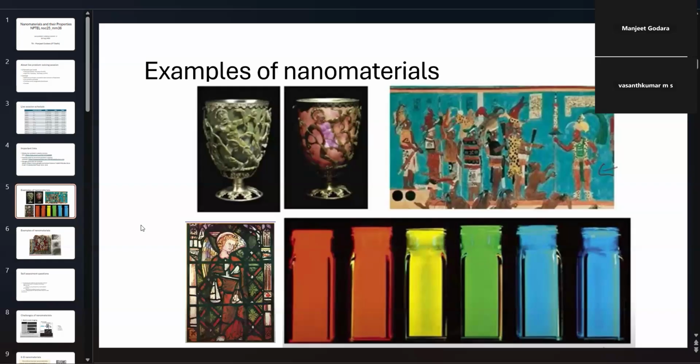Again, they use different metal nanoparticles with distinct colors, add them to the glass, and it forms a nanocomposite. And here, depending on different sizes of the nanoparticle, you get different colors.